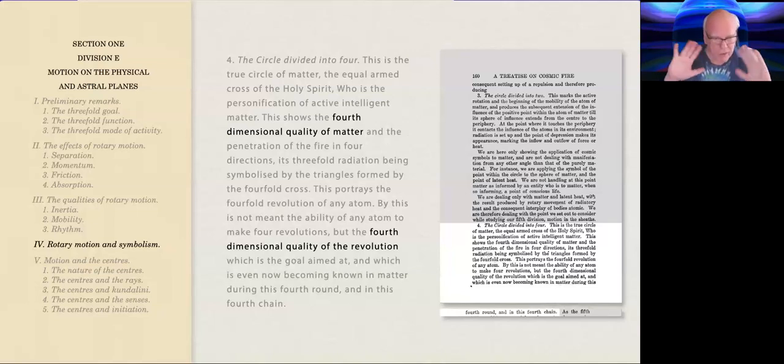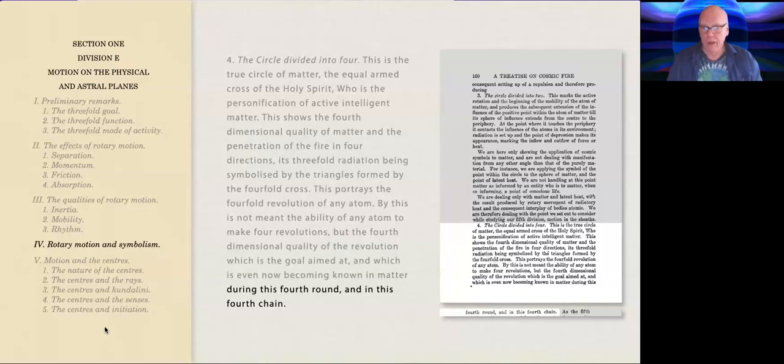So it actually represents, in the career of an atom of substance moving through its form aspect, a fairly late stage. The stage, we're told, is slowly being achieved during the fourth round and in this fourth chain.